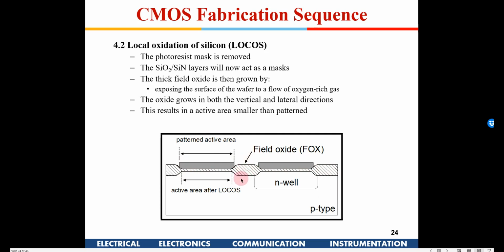Now more and more silicon in the wafer keeps getting consumed, because it becomes silicon dioxide reacting with the air. So this will go deep. This is known as local oxidation. This separates the N well from the other P region. So you can use this technique also.